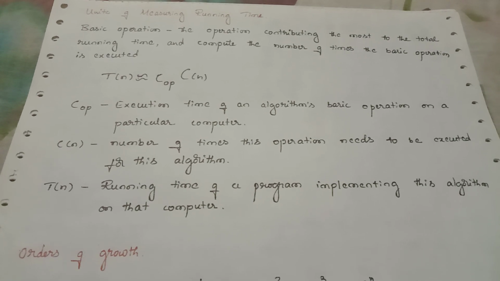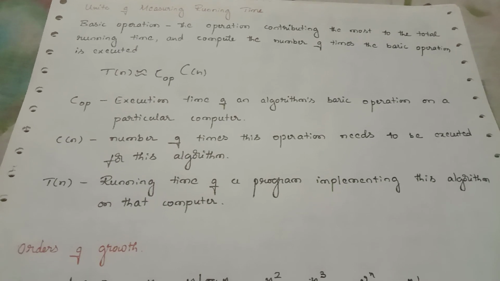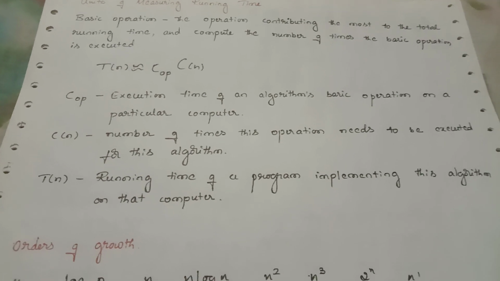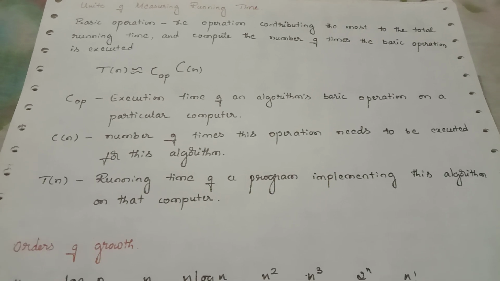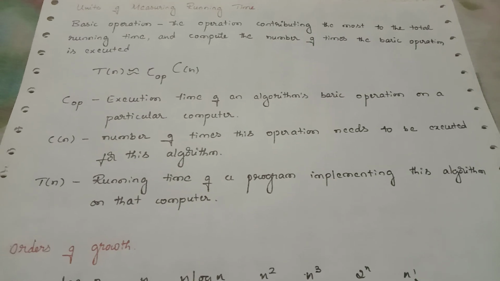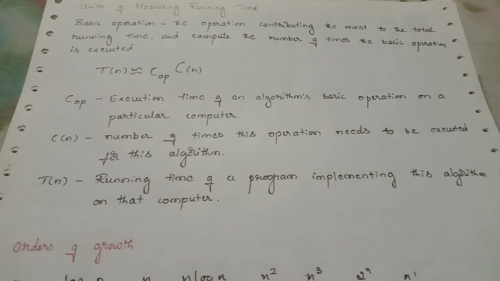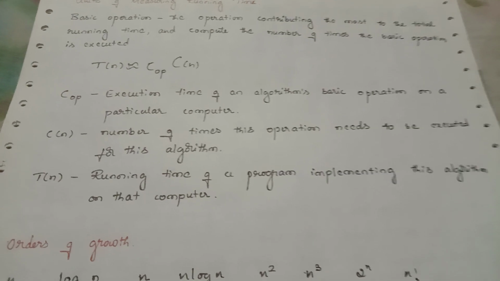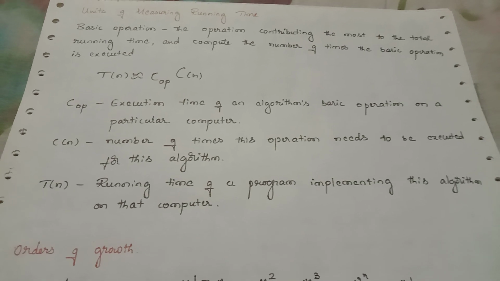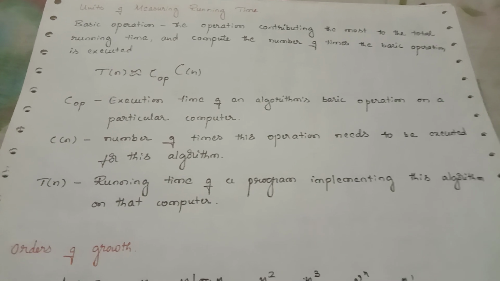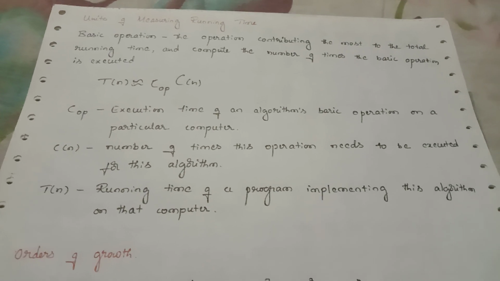But there is an obvious drawback to such an approach. What is that? Dependence on the speed of a particular computer, dependence on the quality of a program implementing the algorithm, the compiler used in generating the machine code, and the difficulty of clocking the actual running time of the program. Since we are measuring the algorithm's efficiency, we would like to have a metric that does not depend on these things.